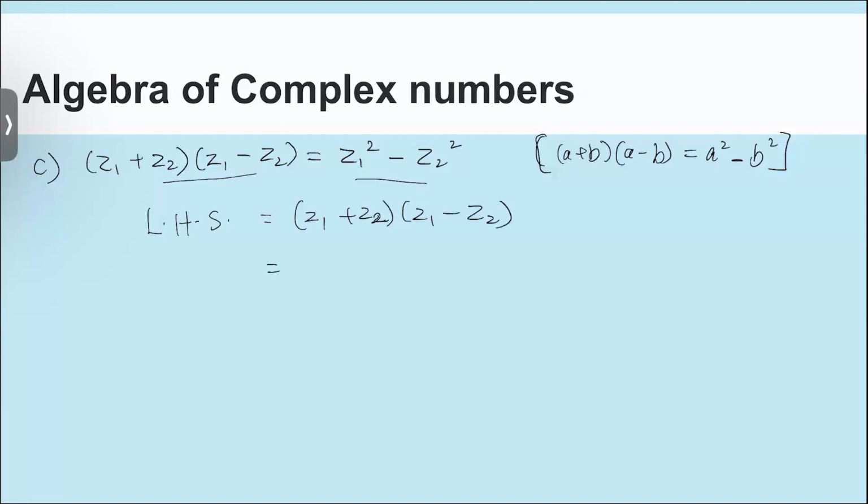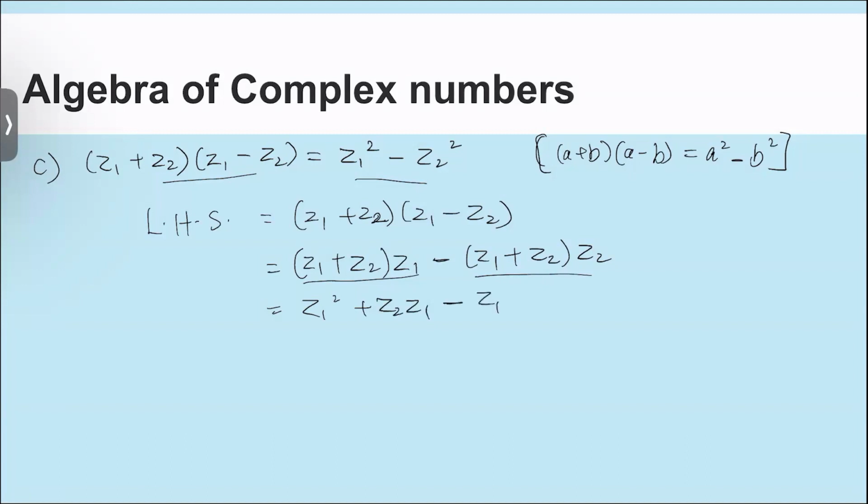Again, using the distributive law that we had established when we were finding products between two complex numbers, you can separate this out: z1 plus z2 multiplied by z1, and minus z1 plus z2 multiplied by z2. So you expand, and you get z1 squared plus z2 z1 minus z1 z2 minus z2 squared.